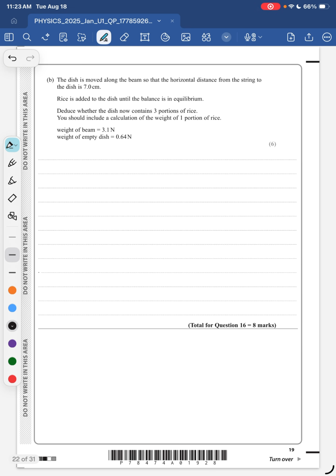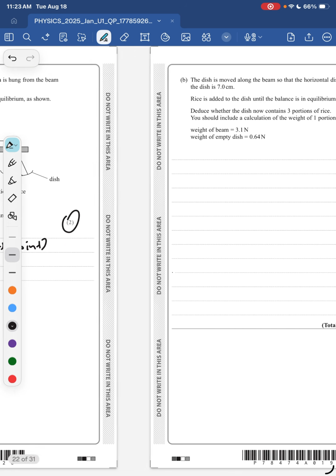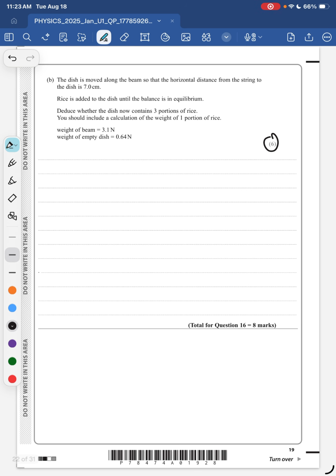Part B, and you can see, by the way, that's another thing I forgot to mention. This is 6 marks, and as I said before, it should take you about 6 minutes. But this also indicates that this is the hard part of this question, because the previous part is just 2 marks. Okay, part B, the dish is moved along the beam so that the horizontal distance from the string to the dish is 7 centimeters.